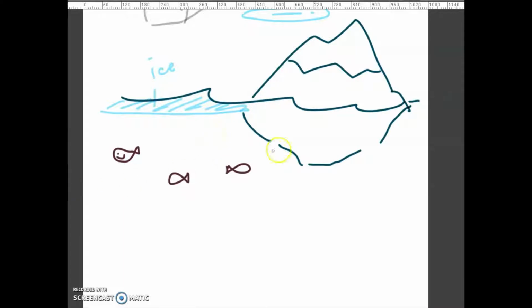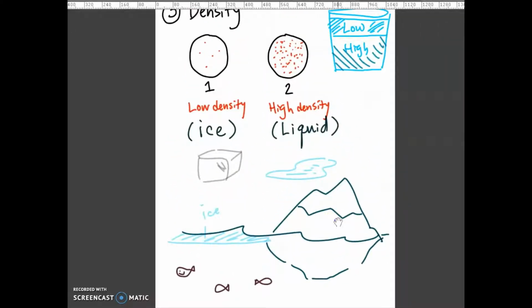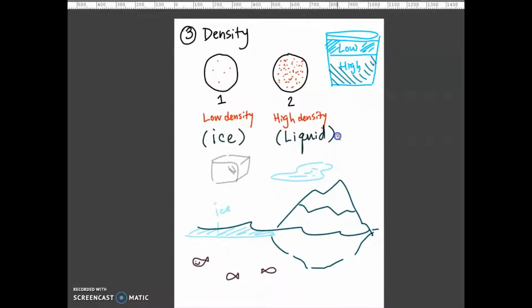It is going to isolate your system from the outside world. So that is density. That ice is less dense than liquid, therefore it floats. And because it floats, it will provide some protection, some insulation for your ocean life, the animals that live in the ocean.